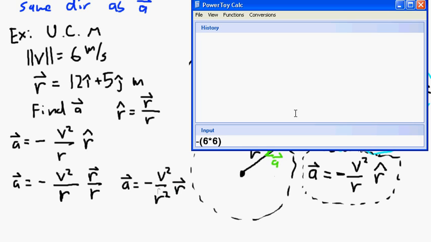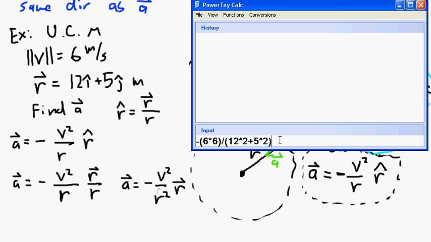Then we divide that by the square of the magnitude of this r vector, which we can find through the Pythagorean theorem: 12 squared plus 5 squared. If we wanted the magnitude of r, we would take the square root of this. But since we're squaring it down here, we just leave it out of the square root. So that works out nice and conveniently for us.